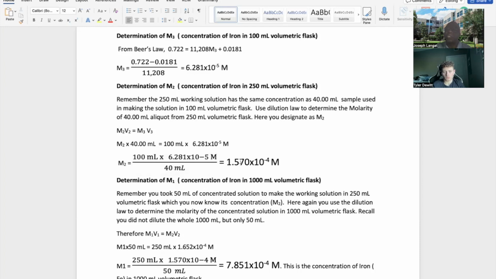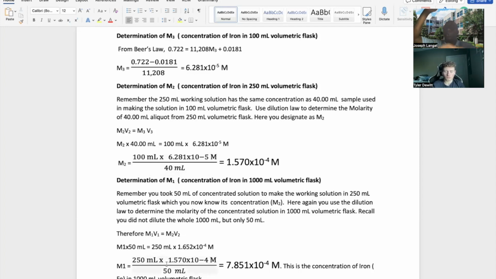The next course of action is to find M1 using the dilution law, M1V1 = M2V2. Remember, you don't take your unknown to a 1,000 ml volumetric flask here. Remember, to make solution 2, which was in 250 ml, you use 50 ml of V1. But M1 is what we are looking for.